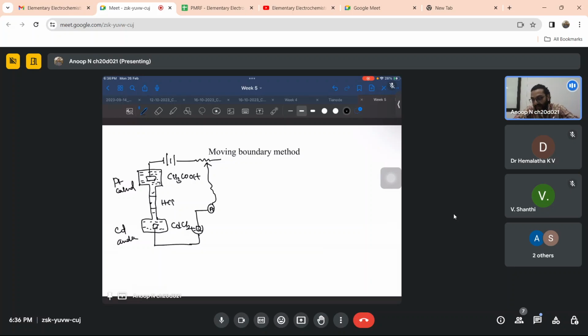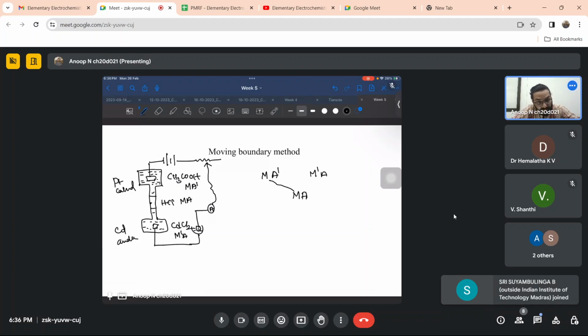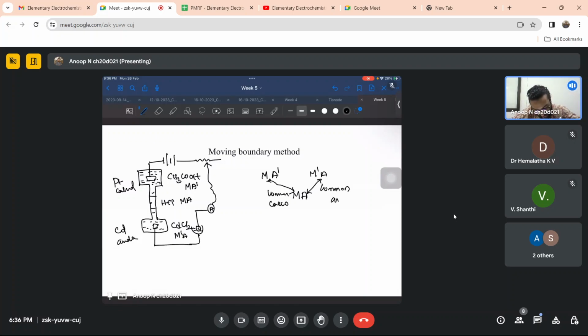You can see here the anion is common, so you can name it as M A dash. This is M A. This is M dash A. Is that clear? In this type of moving boundary method, the cation and anion are chosen like that. Here M A dash, then M dash A, then we have a solution M A. In these two systems, we have a common anion.